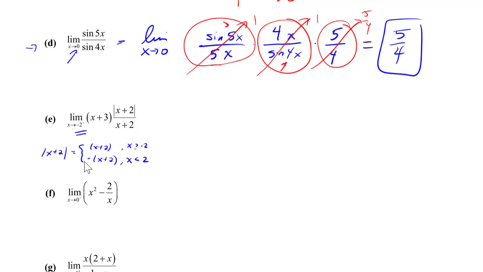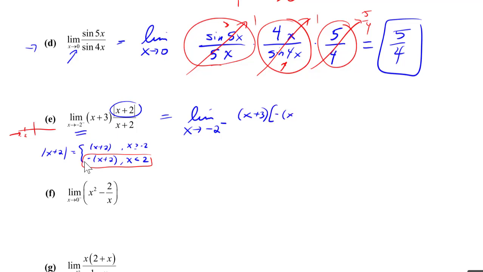All right, so because I'm going to negative 2 from the left, that means that I'm actually less than negative 2. So this is the case that I'm only concerned about here. That means that I could replace the absolute value of x plus 2 by minus x minus 2.